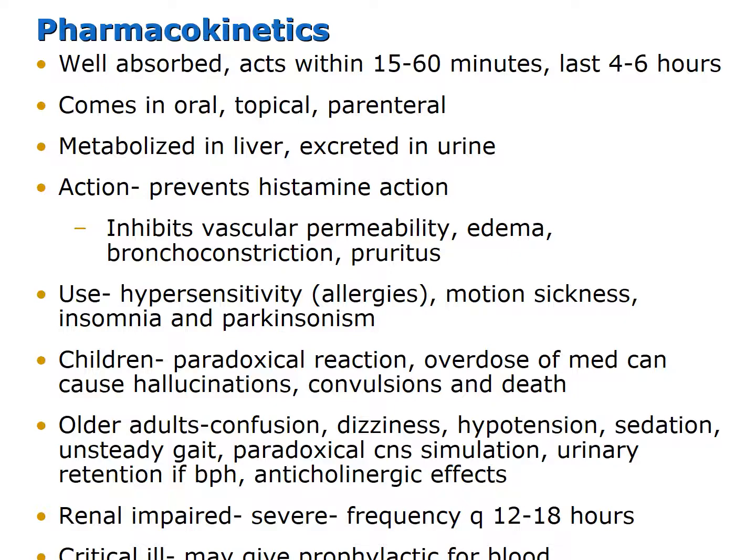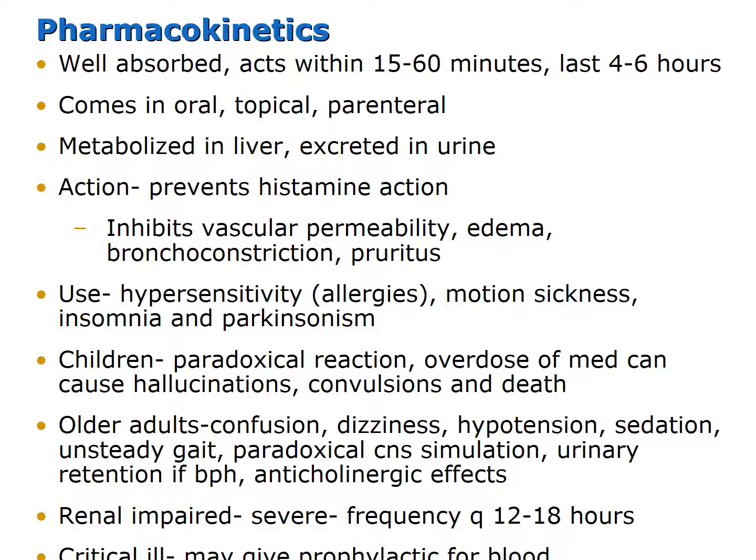Overdose of the medicine can cause hallucinations, convulsions, and death. Older adults, very concerning. We've got to be careful about using it with them, because it can cause confusion, dizziness, hypotension, sedation, and unsteady gait. So right there, we're at risk for falls. When we say gait, we mean walk.